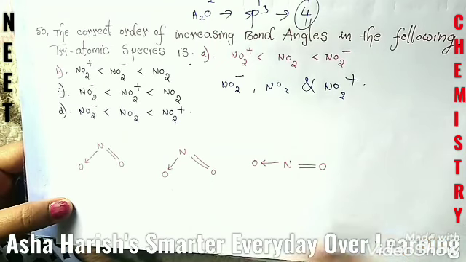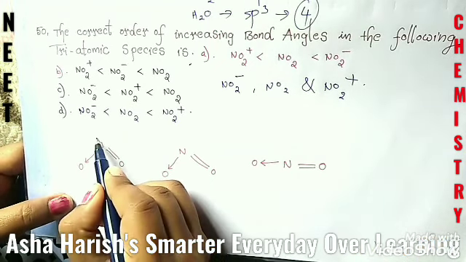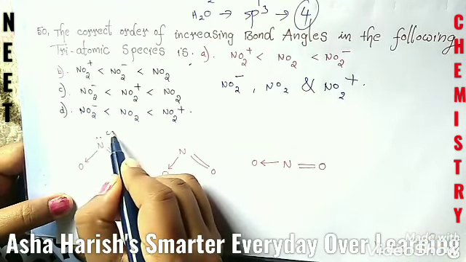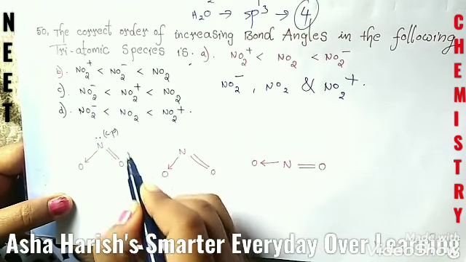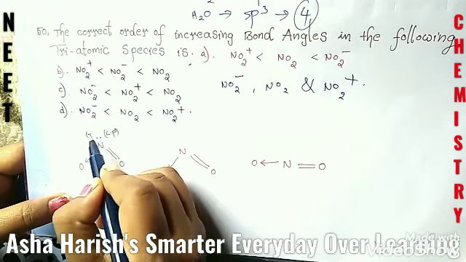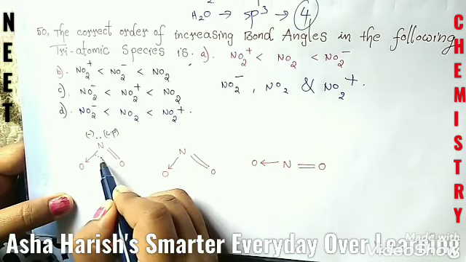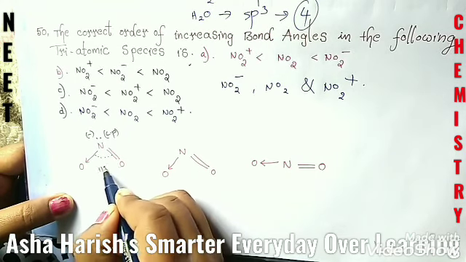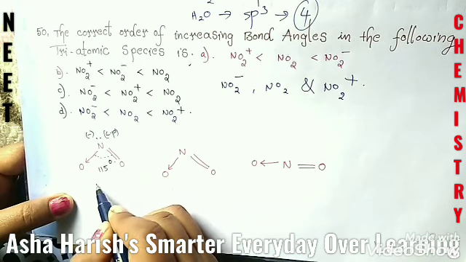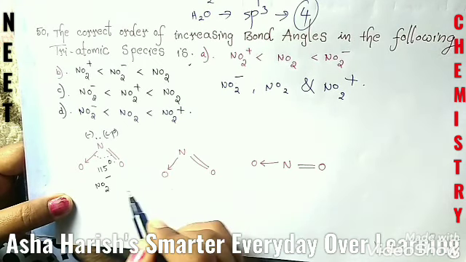These are the structures. Let's see the first one. Upon the nitrogen there is one lone pair of electrons, which is not participating in a bond. Here we have a minus charge. And students, the bond angle for this is 115 degrees, and this is the structure for NO2 minus.